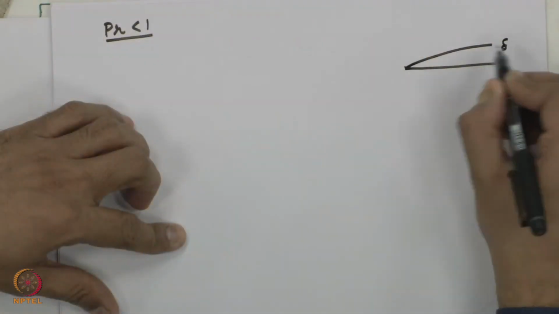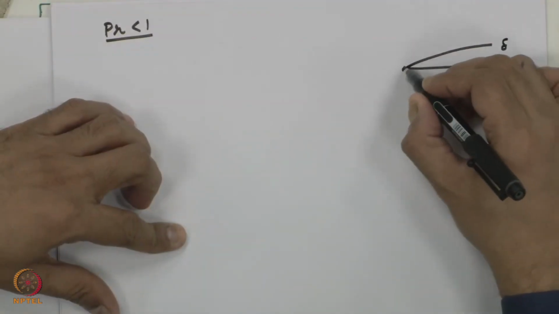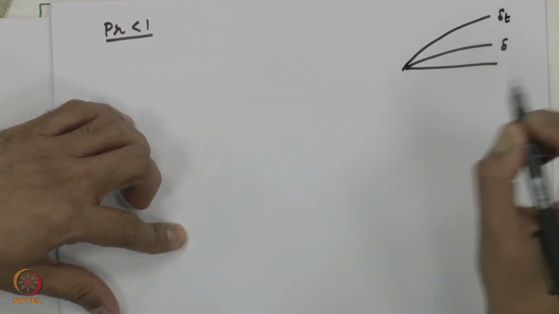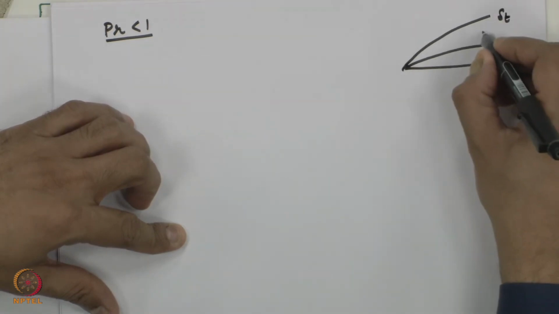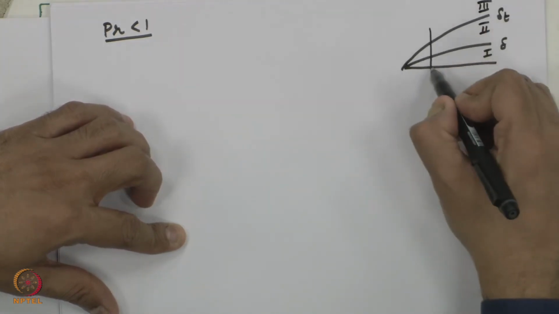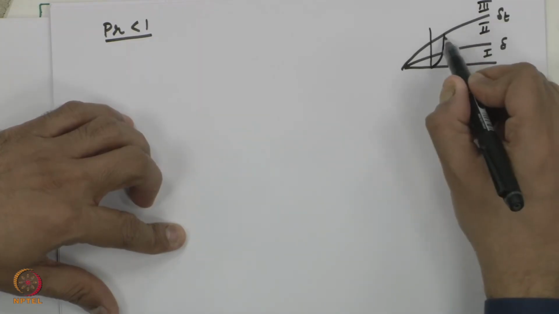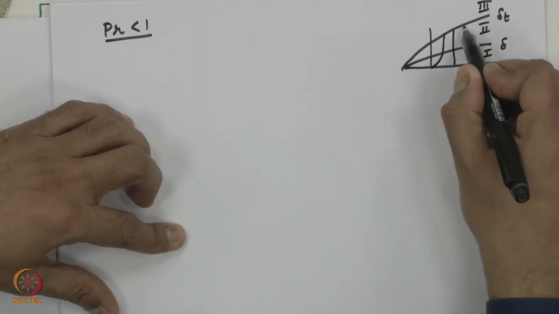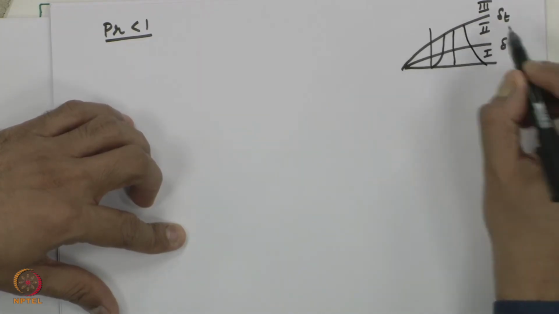Here we are going to see a difference in the Navier-Stokes equation. So, Prandtl number less than 1, this is your delta T, region 1, region 2, region 3. I have to solve the energy equation because when I am talking of a thermal problem, I am going to solve the momentum and the energy equation.